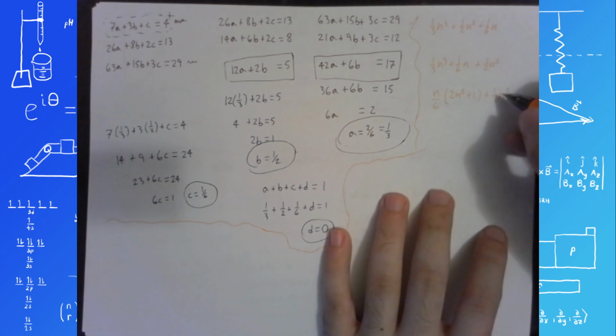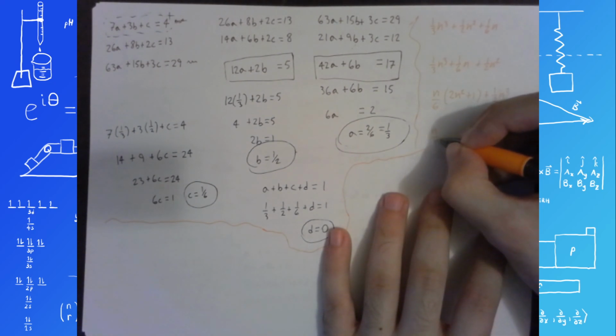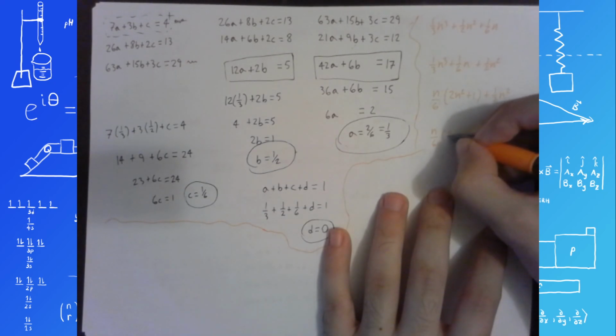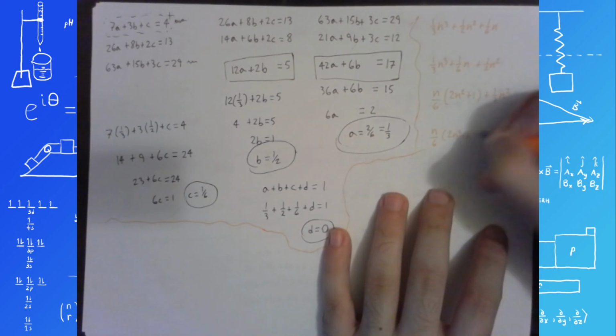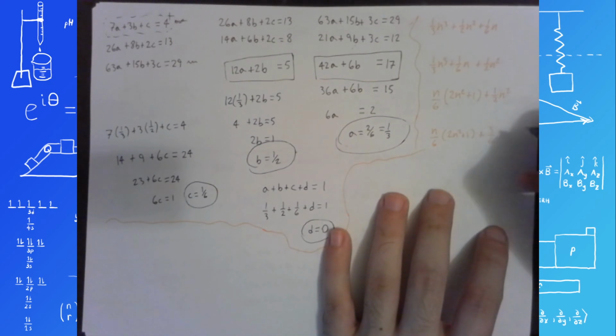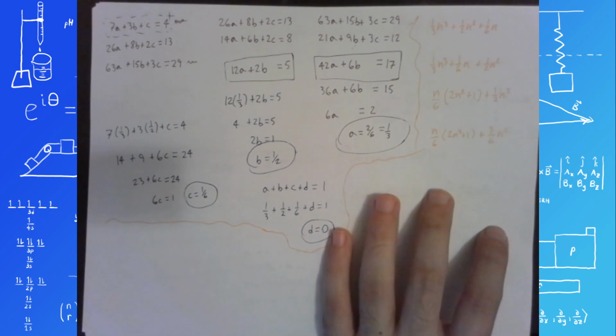Would it work if I rewrote this? Let's try n over 6 times 2n squared plus 1 plus 3 over 6 n squared.